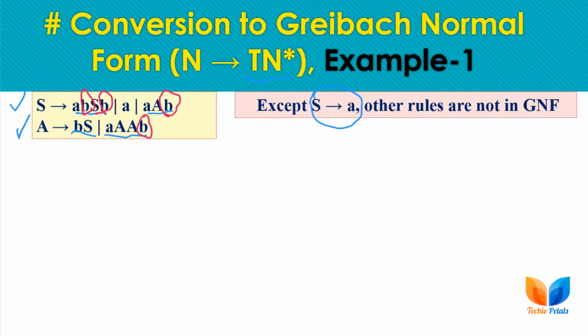Sorry, this rule is also in GNF, because we have B followed by a single non-terminal S. So except these two rules, A deriving this and a single A, the rest of the rules are not in GNF and we have to convert these rules into GNF.